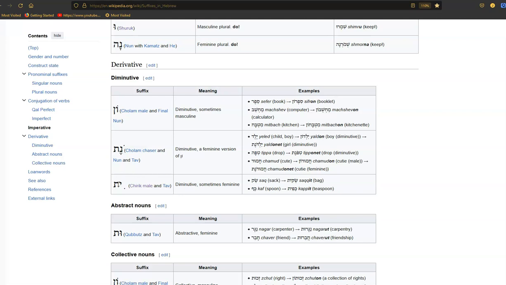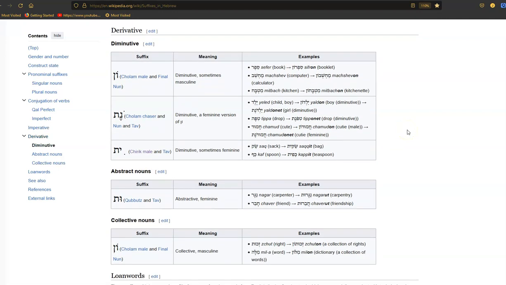There's also sha, that looks very much like a W. By the way, the tsa looks a bit like an X, sort of. But most of the other letters are pretty much English equivalents, or whatever language you speak, they're going to be pretty close, unless you speak Chinese.